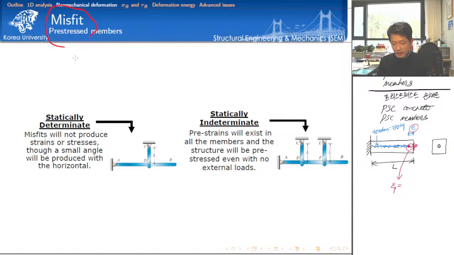When you calculate strain, we always divide the elongation by the length. Now we have the tendon, which is shorter than the length of the member by E. So if I want to measure the non-mechanical strain, the strain of the tendon, is it positive strain or negative strain?